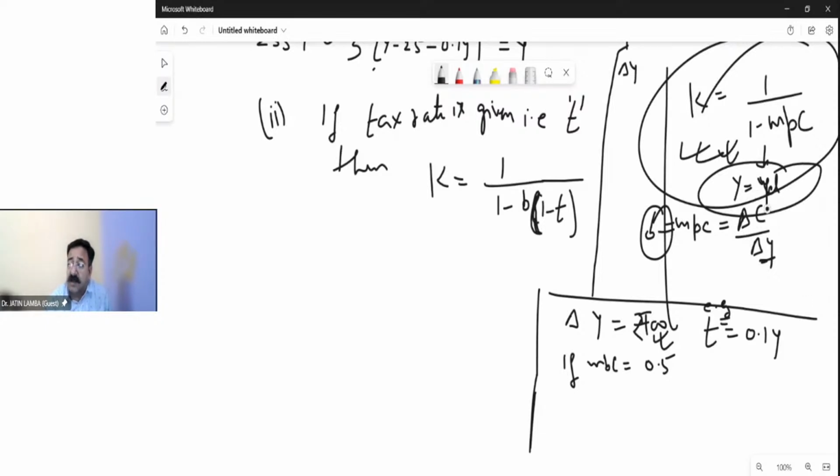But here the disposable income is different, and whatever you are spending depends on your disposable income. So after deducting the tax, if income is 1 rupee and 10% of that income is subtracted, that is 90%. That 90% का 50% आप spend करेंगे. Is it clear or not, बच्चा?